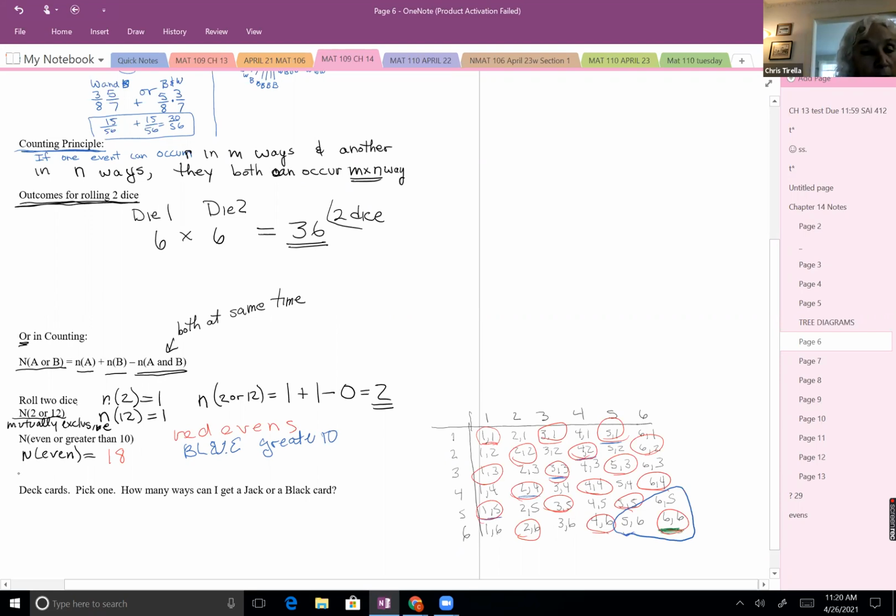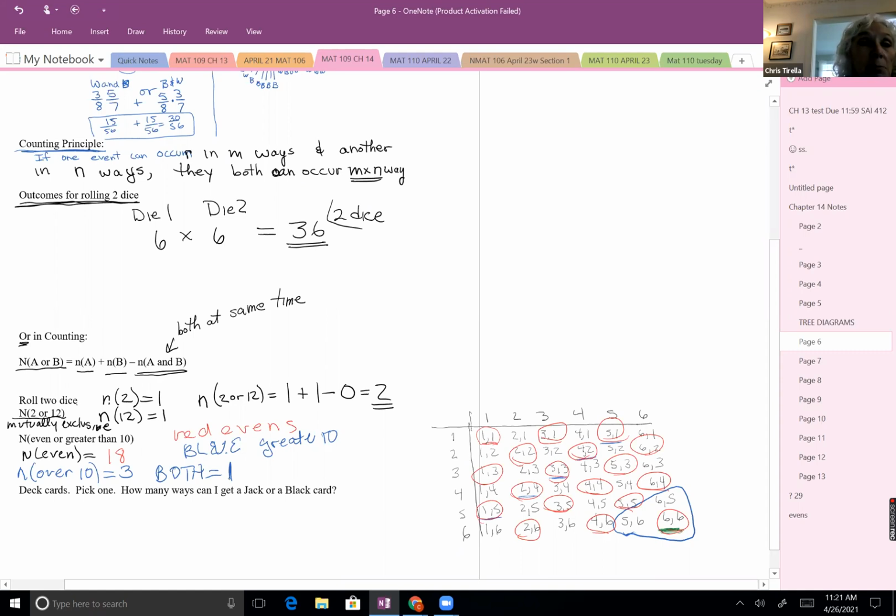And so greater than 10 is 3. But you guys notice that there's one sum that's counted in both. And so that sum that's counted in both, well, there's one of them.